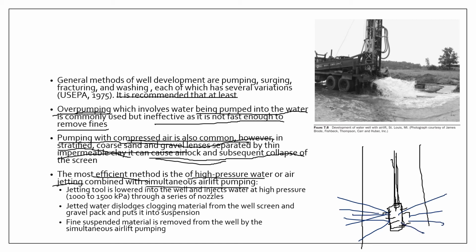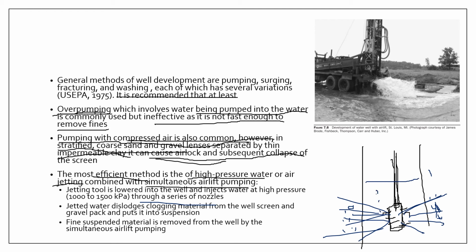All right, so it goes out in high pressure, and this can remove the fines around your aquifer crevices, cracks, and aquifer pores, so that you end up with water inside your well.